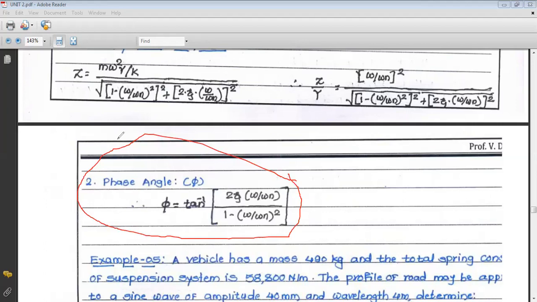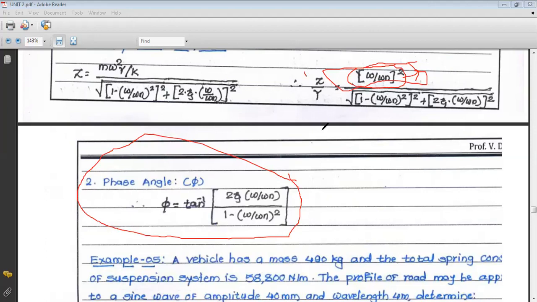The difference is in this: in the case of absolute amplitude, the numerator has the term square root of 1 plus in bracket 2 zeta omega upon omega n whole bracket square, and in relative amplitude the numerator is omega upon omega n whole square. Only the numerator term changes. This is Z upon Y; in absolute amplitude, it becomes X upon Y. Only that will be the change.